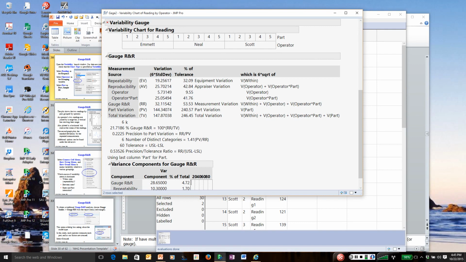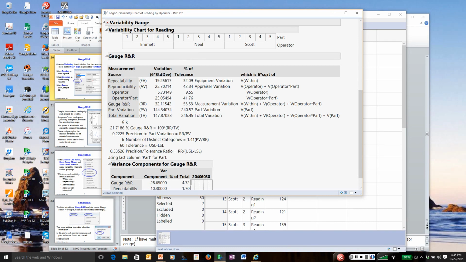So notice repeatability, look carefully, covers 32% of the specification range. So a third of our specification range is taken up with repeatability.